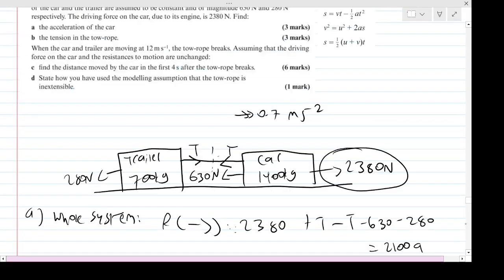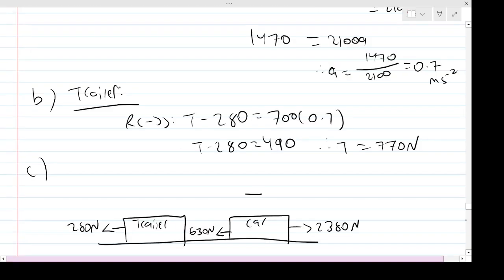Okay, so what it's asking is, we're told that the trailer, they're moving at the speed of 12. So if I list that on, the speed is 12 meters per second. Now, as for the acceleration, it is not 0.7 anymore because the forces have changed.